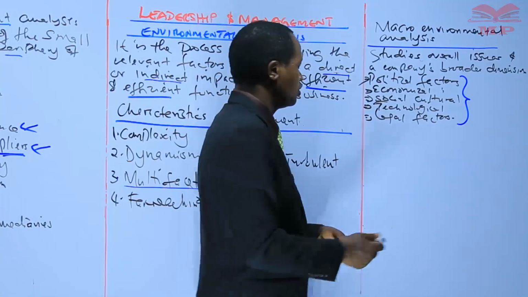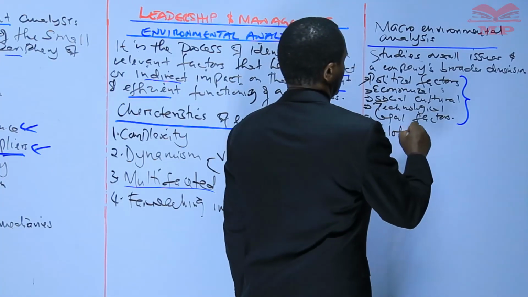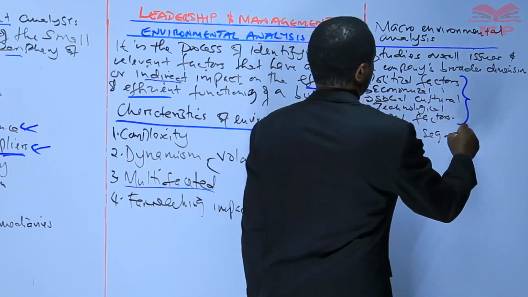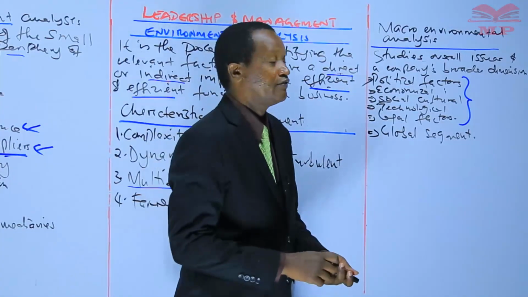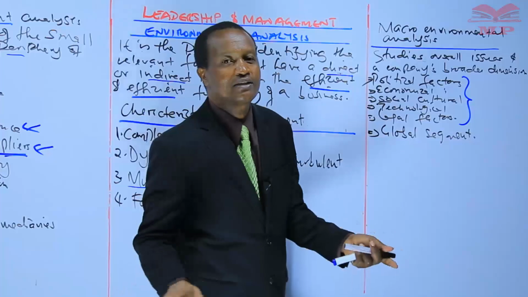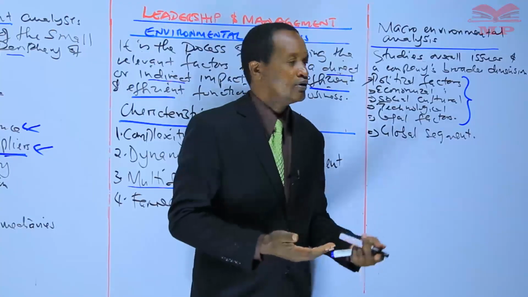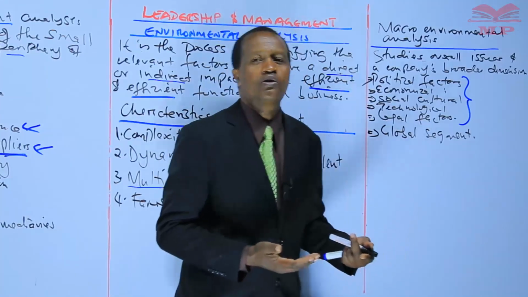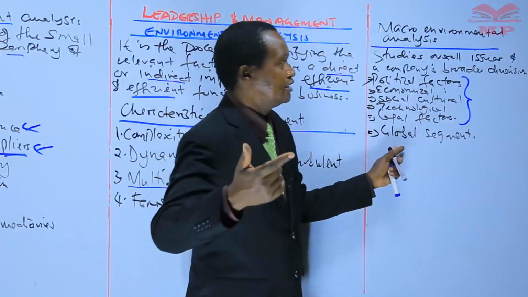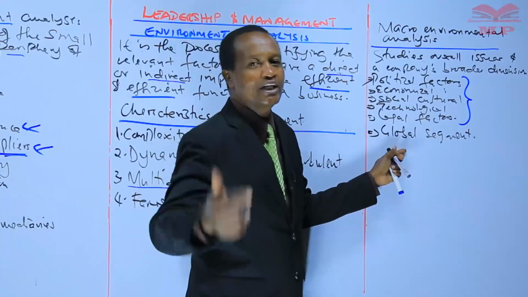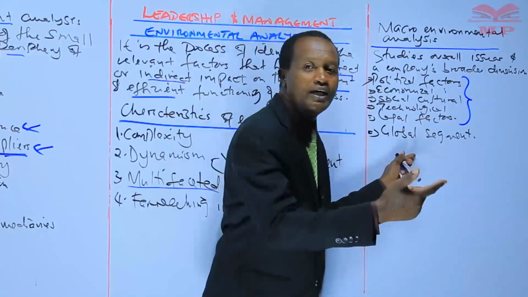We may even add global trends or global segment. The global segment, candidates, includes the relevant global markets, the existing markets that are changing. It may include the analysis of the important international political events, the critical cultural and institutional characteristics of global markets.